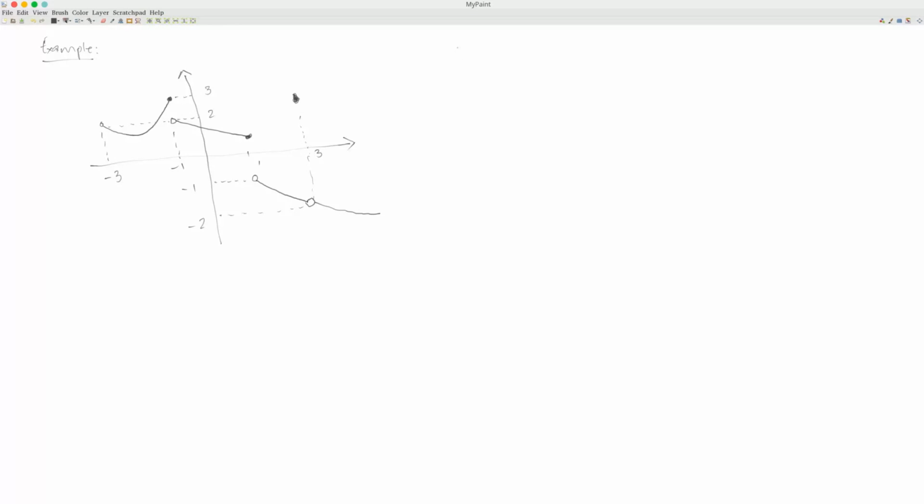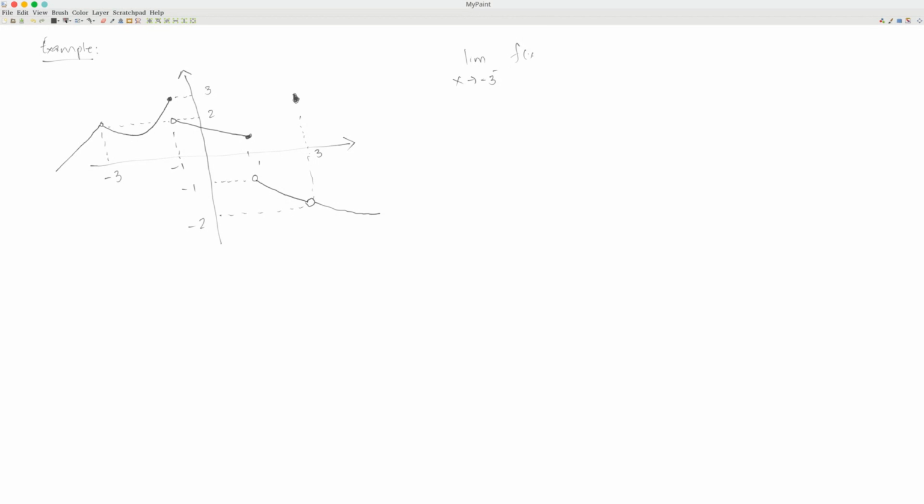So let's see, we have something like that. So as you approach -3 from the left hand side, the value of the function, the point that we hit, is 0. Excuse me, 2.